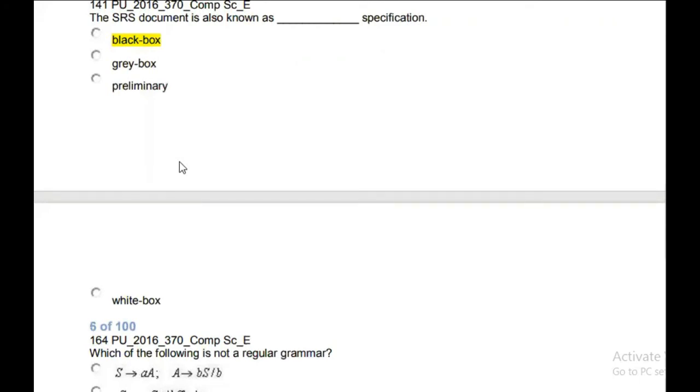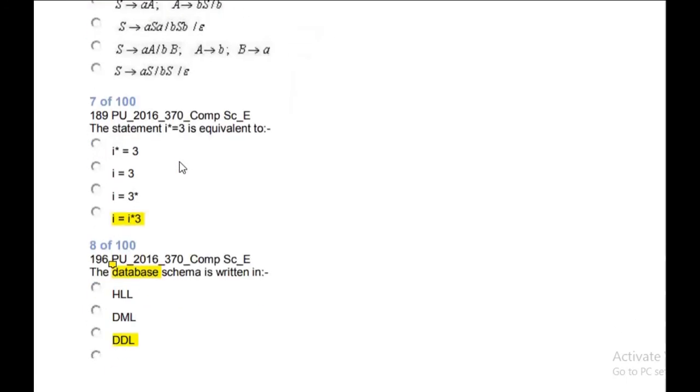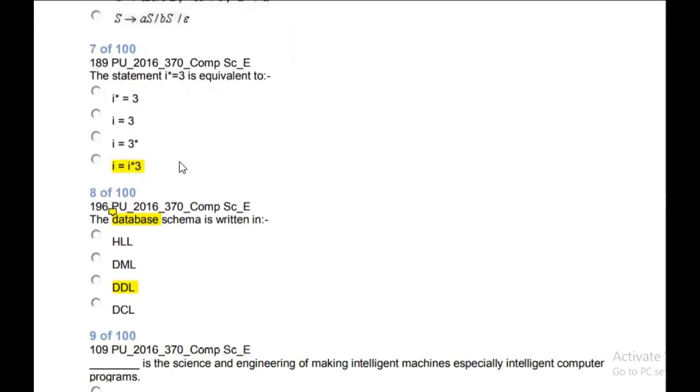Black box specification, option A is correct. Question 7. The statement I star equal to 3 is equal to: I is equal to I into 3, or I is equal to I star 3. Option D is right.